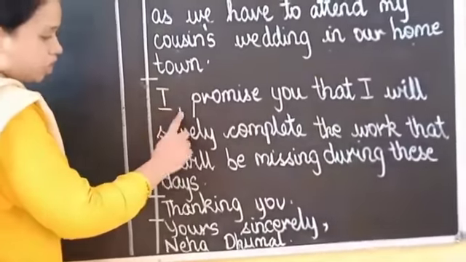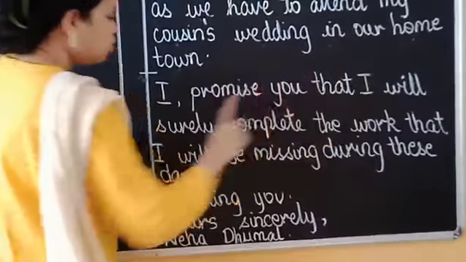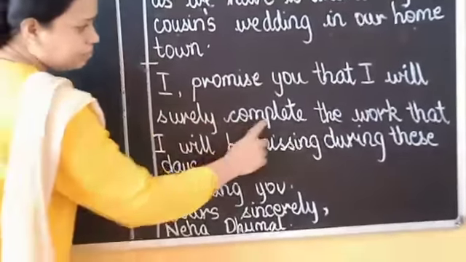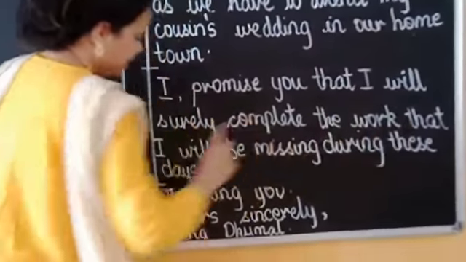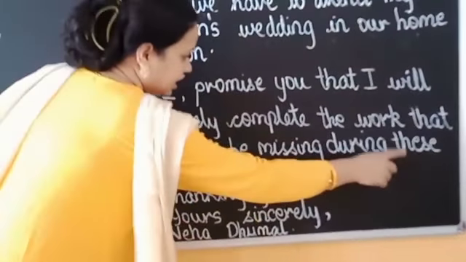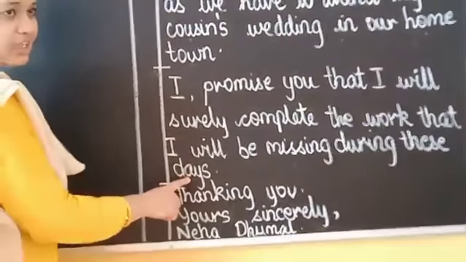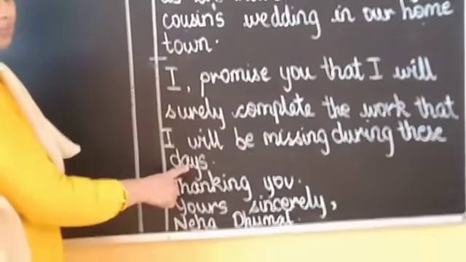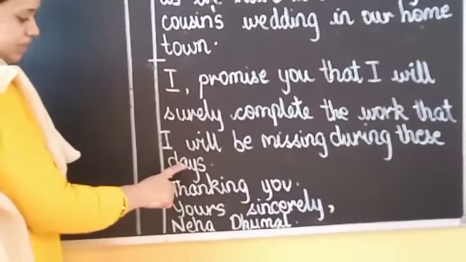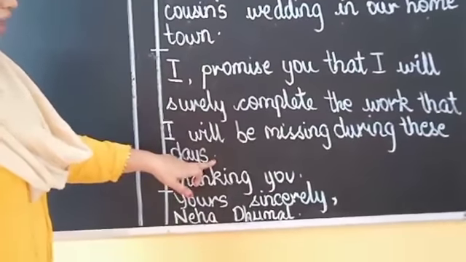So I, comma, promise you that I will surely complete the work that I will be missing during these days. Means during the 8 days, whatever you are going to miss, you are promising ma'am that you will complete it. This brings us to the end of the letter.